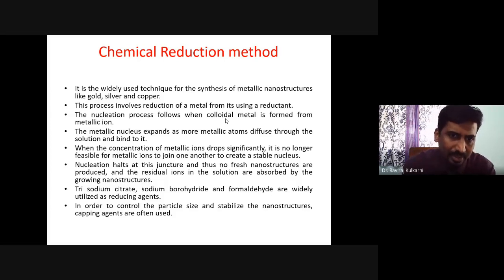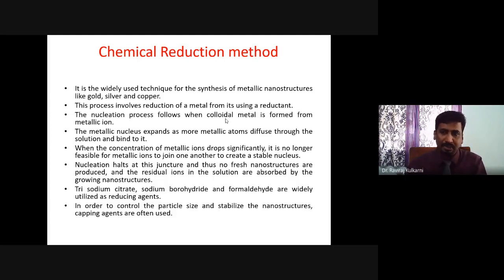The metallic nucleus expands as more metallic atoms diffuse through the solution and bind to it, and it grows. The metal atoms grow, and they form a nanoparticle. We can control this. When the concentration of metallic ions drops significantly, it is no longer feasible for metallic ions to join together to form a new nucleus. What happens in this process?